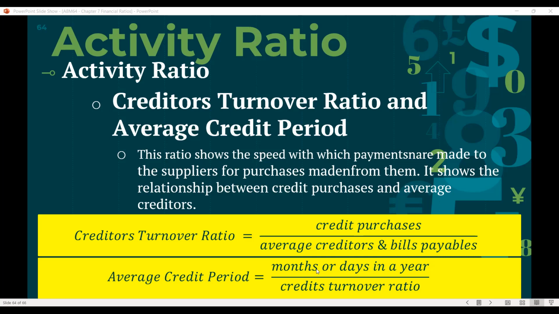Let's say for example, inyong credit period is 3 months or 1 year, 12 months over the credit turnover ratio. So pila pa ka percent imuha daw na bayaran sa imuhang mga payables, sa imuhang credits. So that's what it meant by the average credit period.